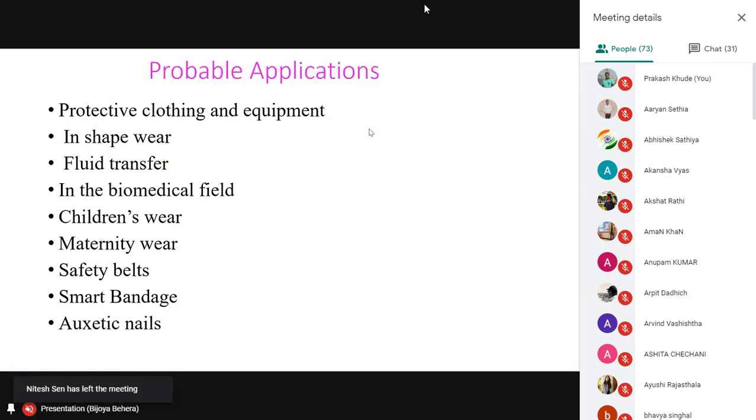Coming to the last part of this presentation, which is more interesting for you to know: the applications of these fabrics we discussed, why we produce this auxetic woven fabric. These are some of the applications where it is used. Protective clothing, I will show you some of the examples. Safe wear, fluid transfer, biomedical field, children wear, maternity wear, safety belt, smart bandage, auxetic nail.